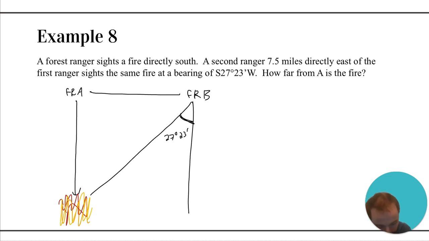And we want to try to figure out how far from A, from the first forest ranger, is the fire. So we want to try to figure out this distance right here, X, right? How far they are. Which would basically be the same thing as figuring out this distance here too, right?